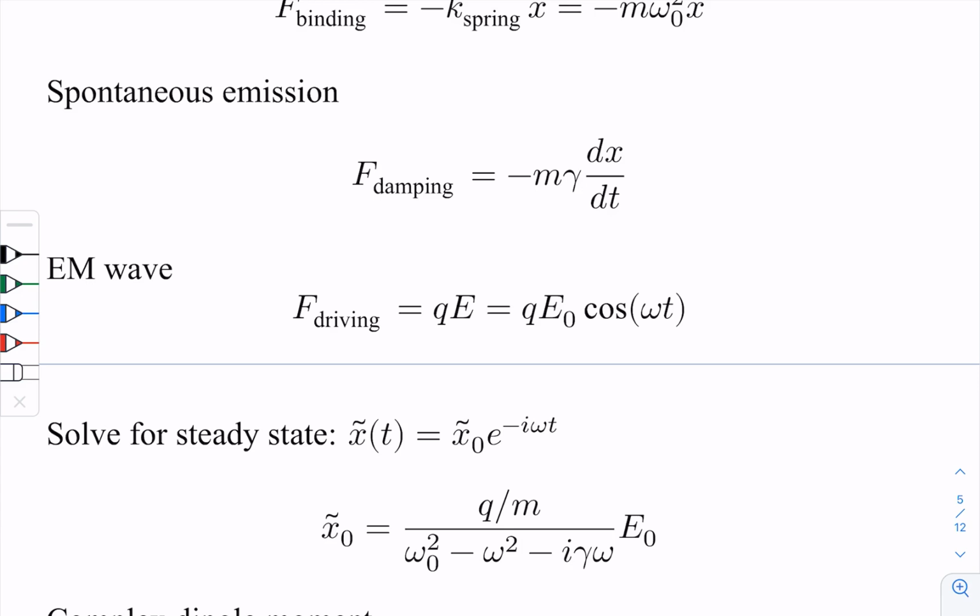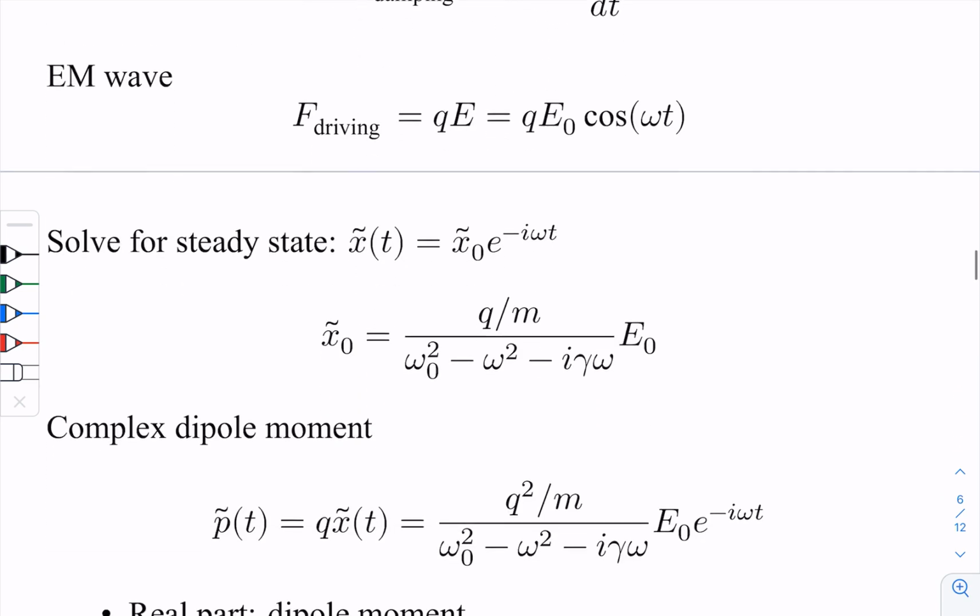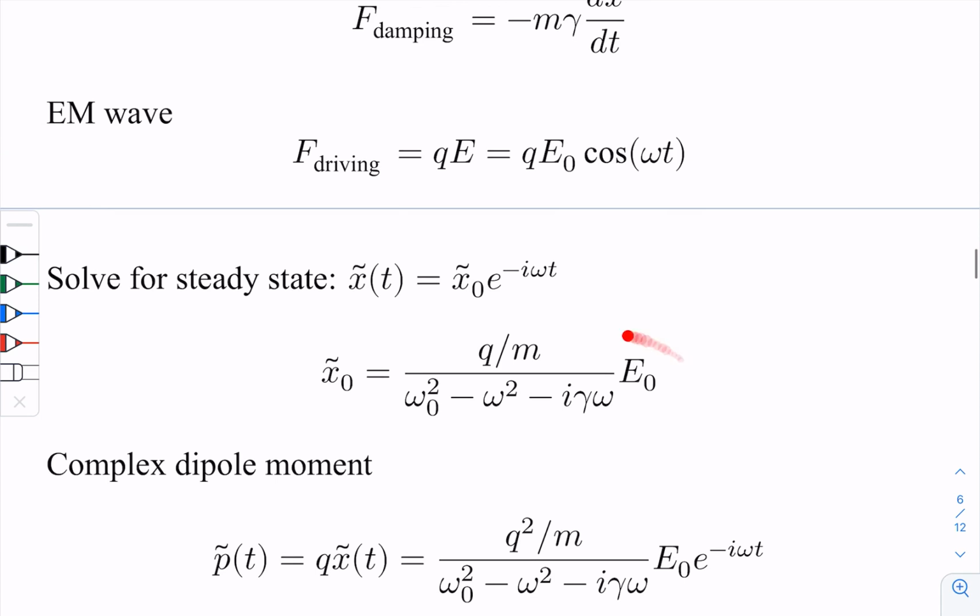For the steady state solution, it looks like this. So now from this solution, what it means is that the atoms are displaced by the light, right? So remember here, this is the position of the atom, or more precisely, it's the position of these electrons.